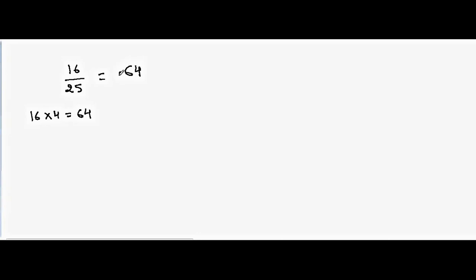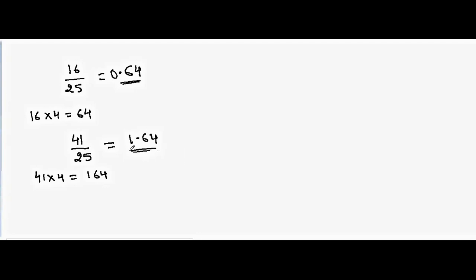So that will be equal to 0.64. That's my answer. Again, if I have 41 and I want to divide by 25, in this case 41 times 4 is equal to 164. So the answer will be equal to 1.64.